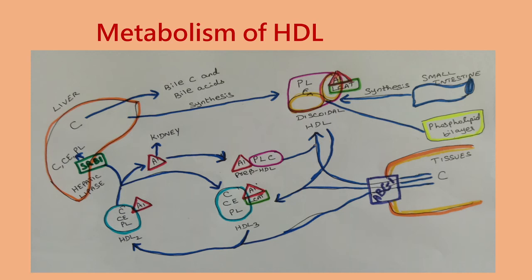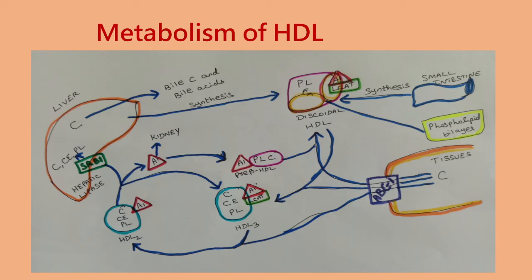HDL concentrations also vary reciprocally with plasma triacylglycerol concentration and directly with the activity of lipoprotein lipase. Phospholipid and apoprotein A1 are released during the hydrolysis of chylomicrons and VLDL, which also contribute to the formation of pre-beta HDL and discoidal HDL.